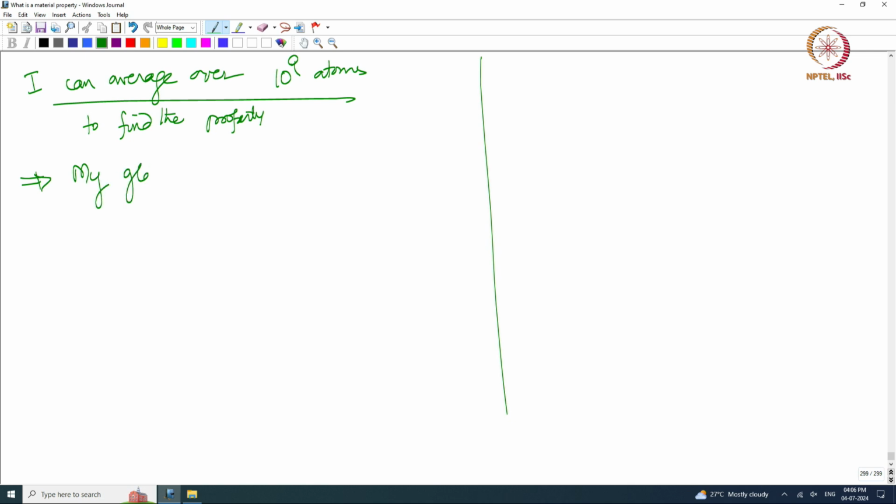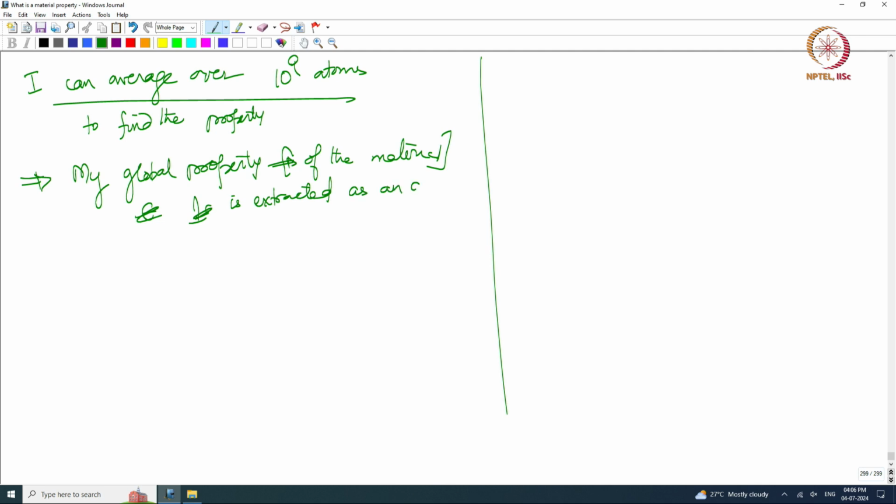My global property, which is the property of the material, is extracted from at least 10 power 9 atoms as an ensemble response of 10 power 9 atoms.